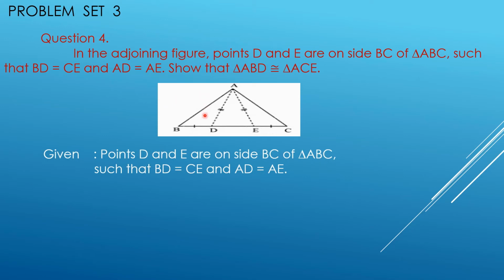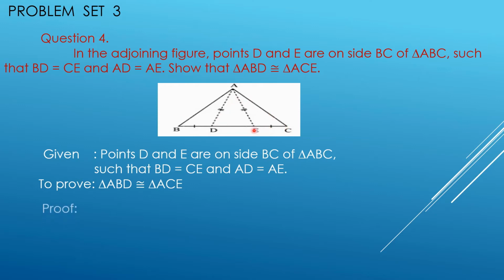The points D and E are on side BC of triangle ABC such that BD equal to CE and AD equal to AE. And here we have to prove that triangle ABD congruent to triangle ACE.